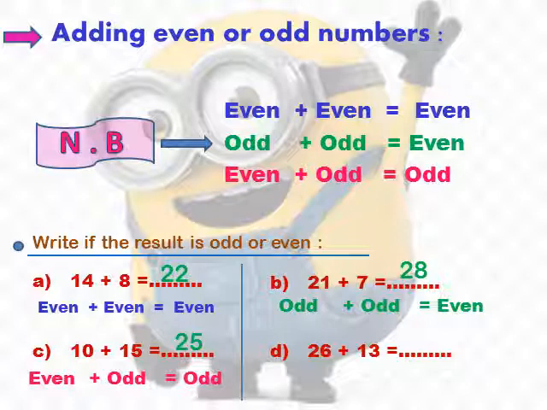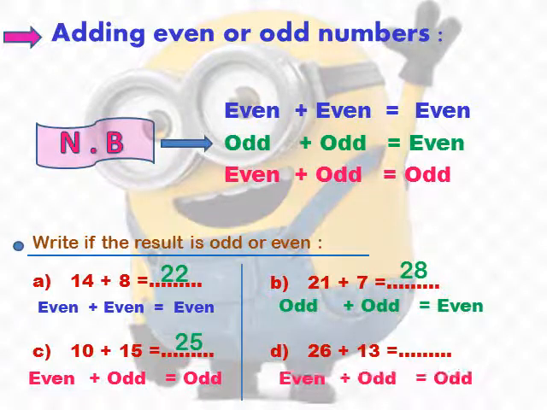Okay? 26 plus 13, yes, I have an even number plus an odd number. They are different, so my answer is going to be what? An odd number. 26 plus 13 equals 39. And the 9 in the ones place here is an odd number, so my answer is going to be an odd number.